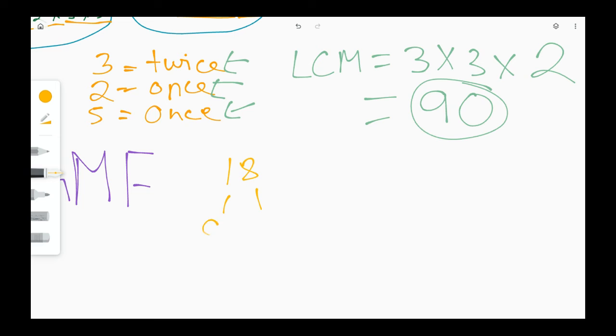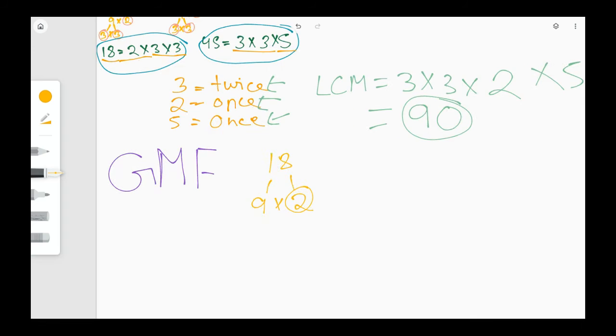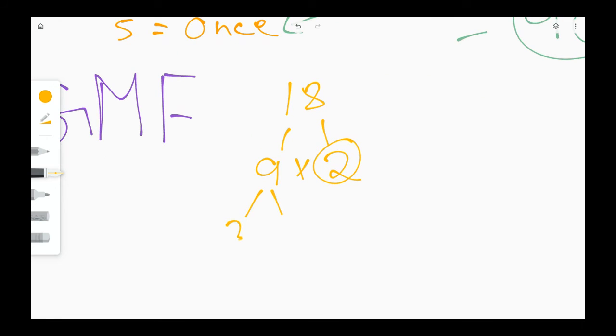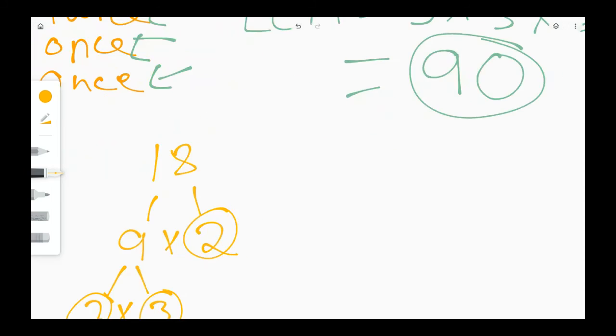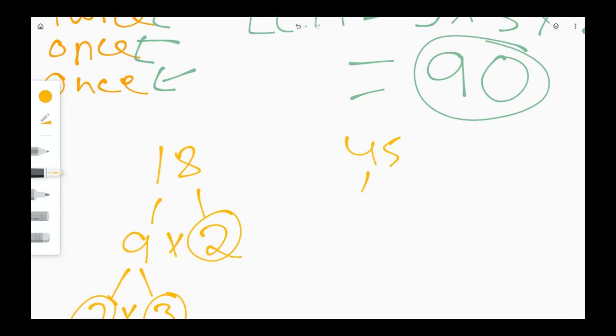9 and 2. I'm doing the same thing again, guys, since I have the same numbers. But in both of these, you always have to use prime factorization. That's why I started out with prime factorization first. I'm going to use my other number, 45. 5 and 9. 5, 3 and 3, circle, circle.